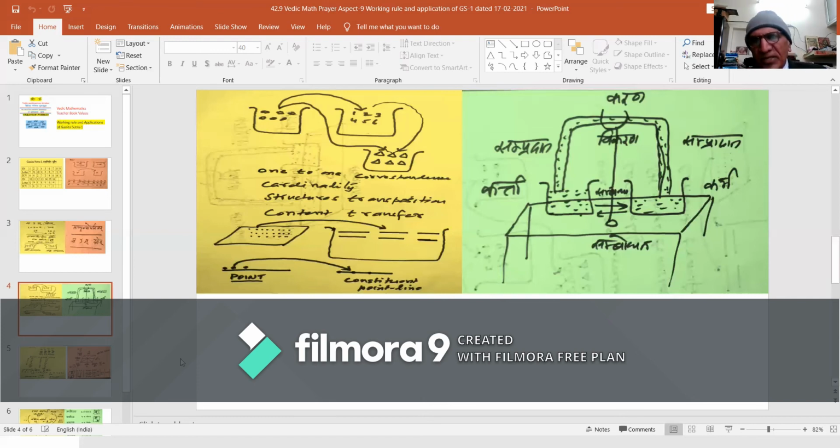There are going to be a large number of steps, but initiation is as is the working rule of Ganita Sutra-1.